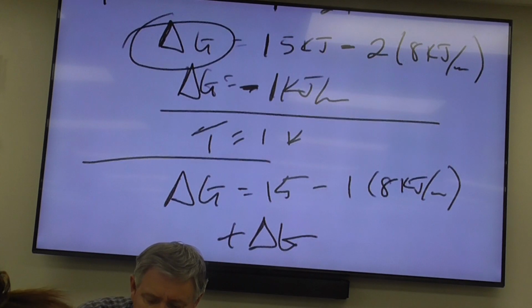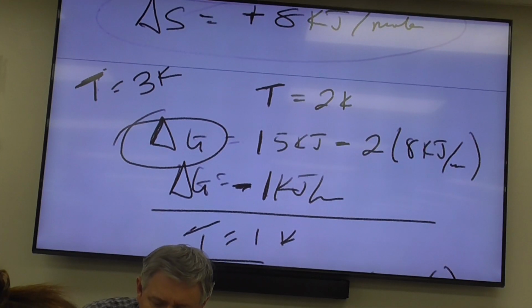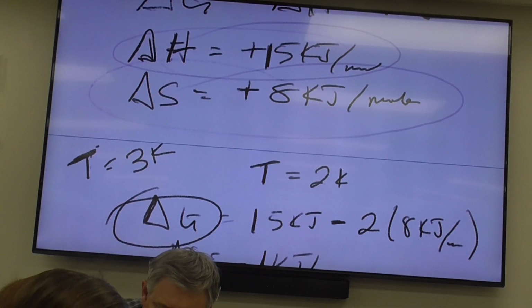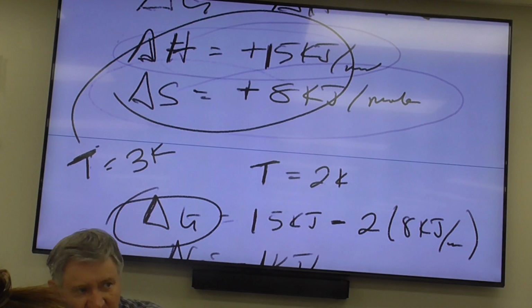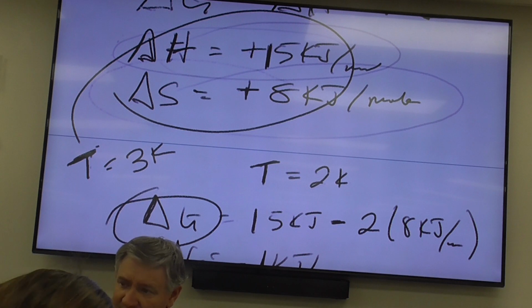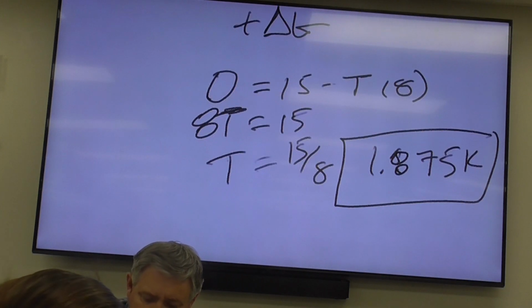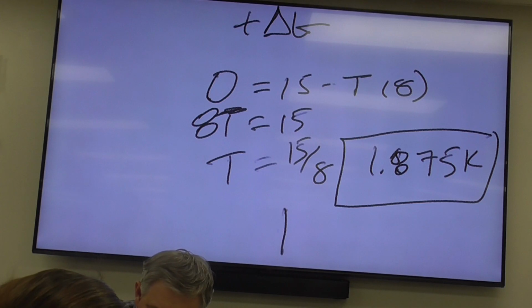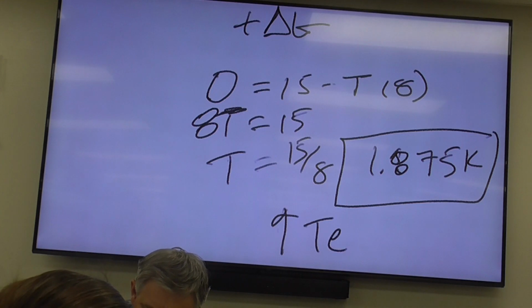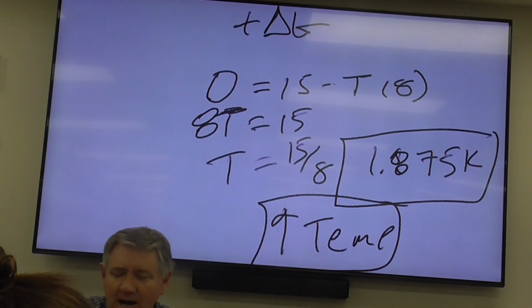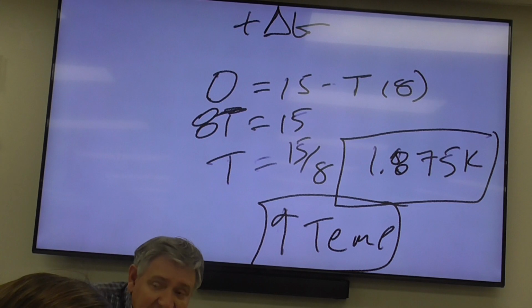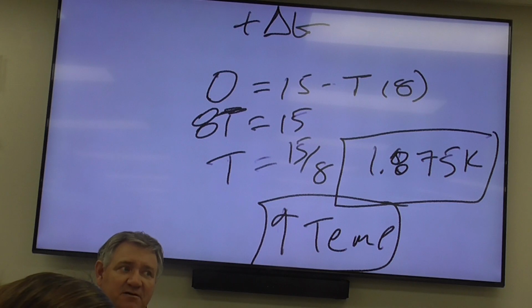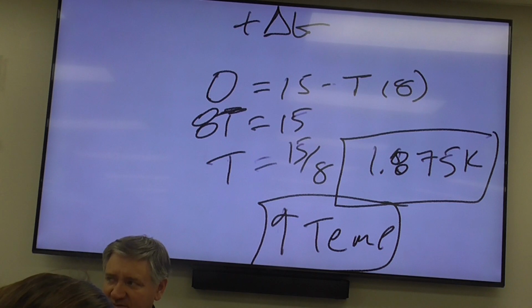Notice that in this situation I have 2 positive values. I have a positive delta H, and I have a positive delta S. So when you have that combination, that means it becomes spontaneous at higher temperatures. Now, when I say high temperatures, don't think it's only if it's like 5,000 Kelvin or the surface of the sun.